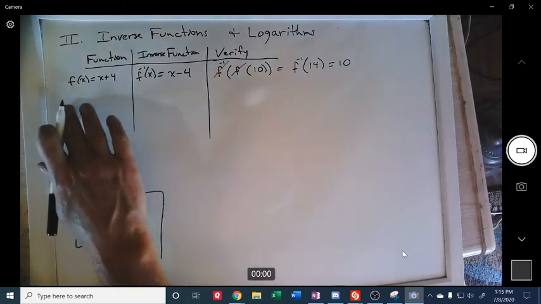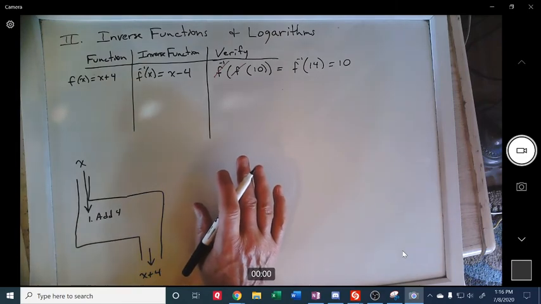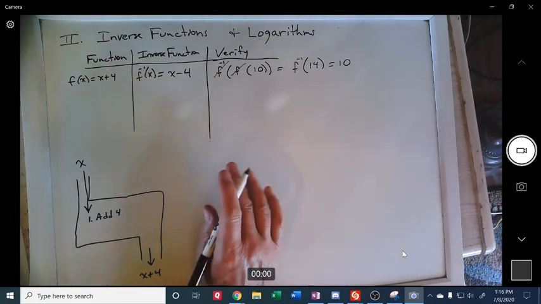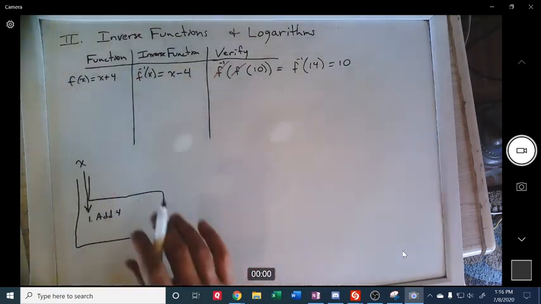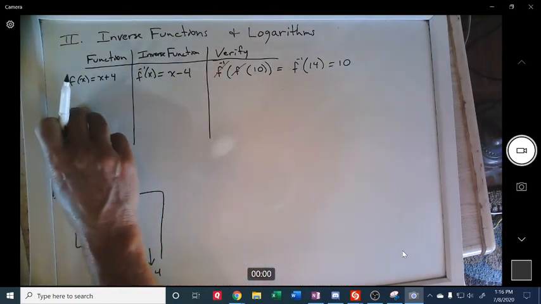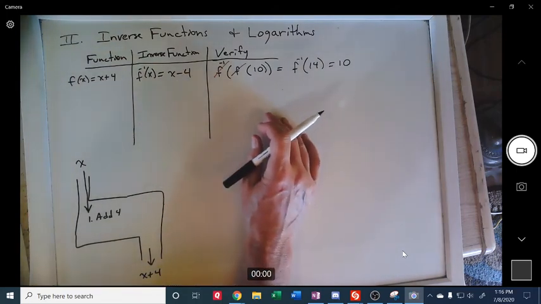Alright, so this is functions and inverse functions and their relationship. And in a college algebra class, I go through and I put a whole bunch of functions like this down. And I put a function down and they figure out what the inverse function is. And they do the verification.